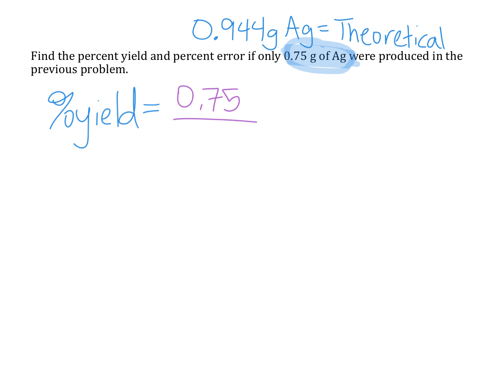Maybe the filter paper is still wet or something else. But usually your actual amount is lower than your theoretical. Your theoretical amount here is 0.944 grams, times 100 to make it a percentage. And we get 79.4% yield.